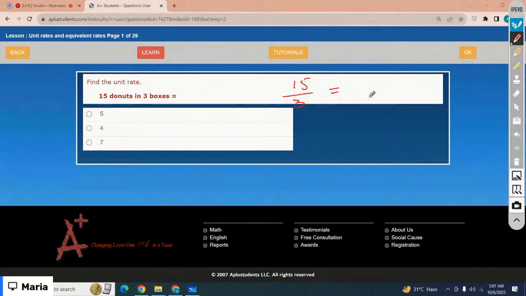That means you have 5 donuts per box, in one box you have 5 donuts. The correct option is 5 donuts.